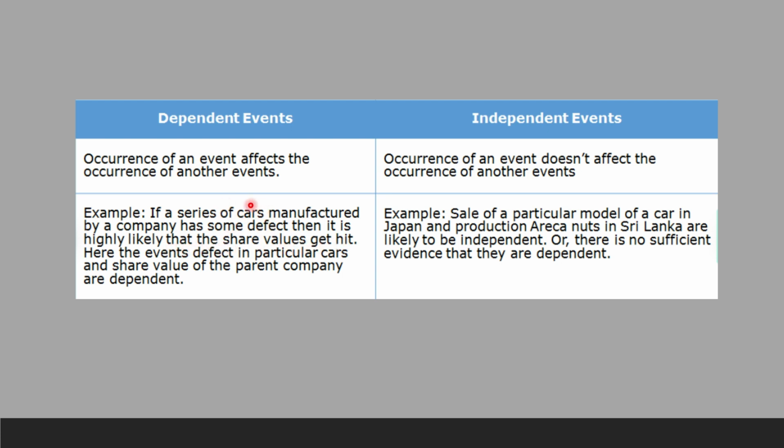Those defects get negative feedback, and so this affects the share price in the market, you can say. If the car value is good, then more and more customers will buy, and obviously the share price will go higher. And if the feedback is negative, then fewer and fewer people will buy, and so the share price will drop.